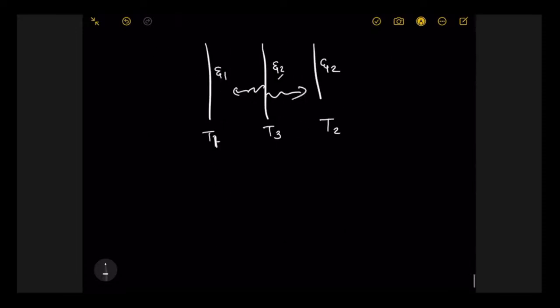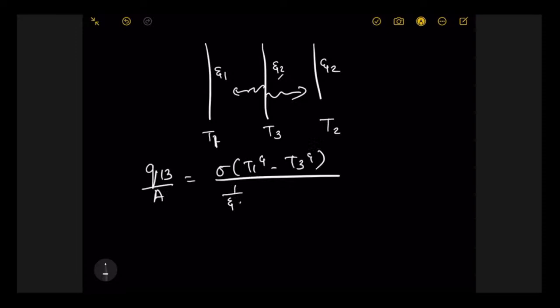So we can write the same equation which we have done previously. Q13 equals sigma (T1 to the power 4 minus T3 to the power 4) upon (1 upon emissivity 1 plus 1 upon emissivity 3 minus 1).